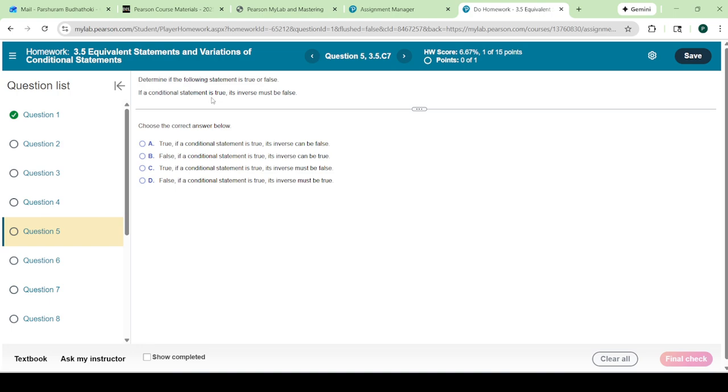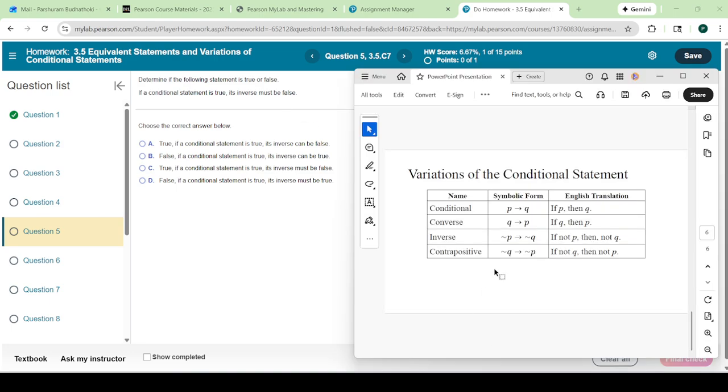If a conditional statement is true, its inverse must be false. So the conditional statement is P implies Q, and its inverse is not P implies not Q. That's not necessarily true, because even not P could imply Q. We don't know, because they are not equivalent statements.